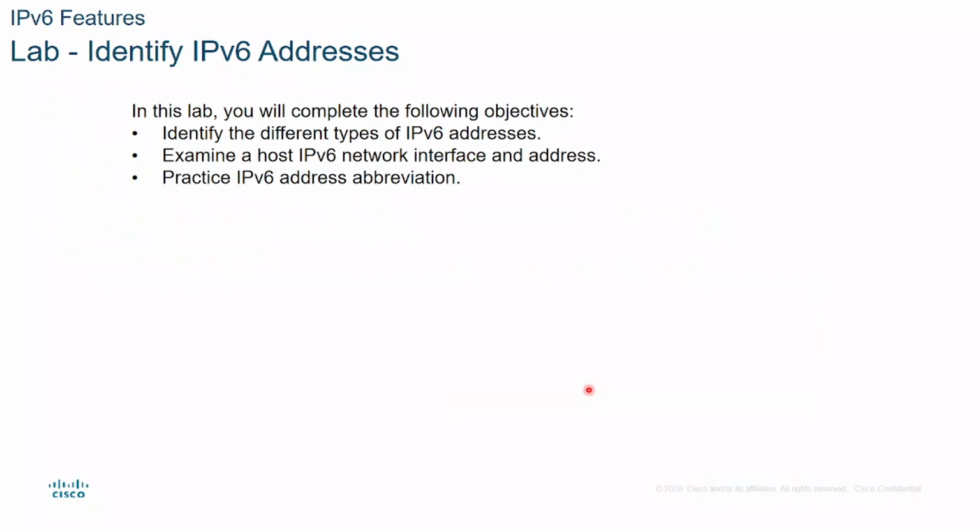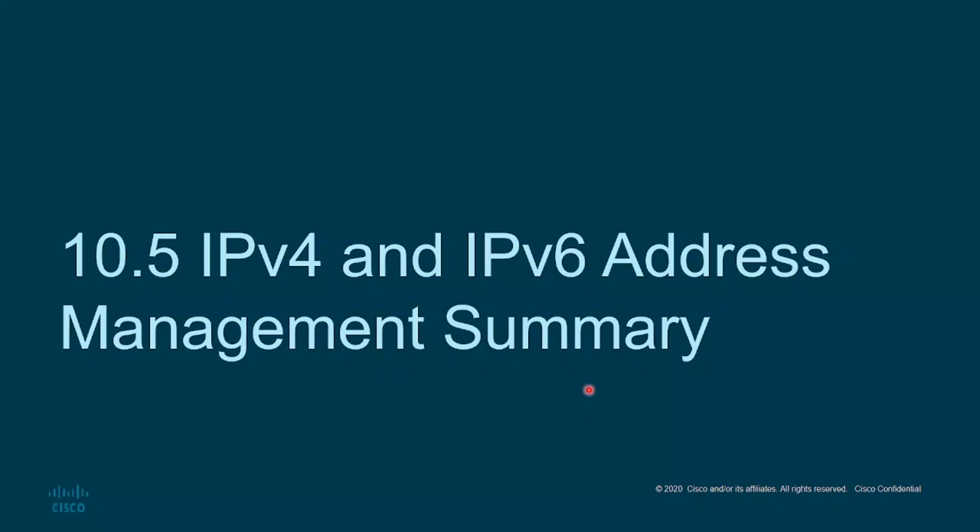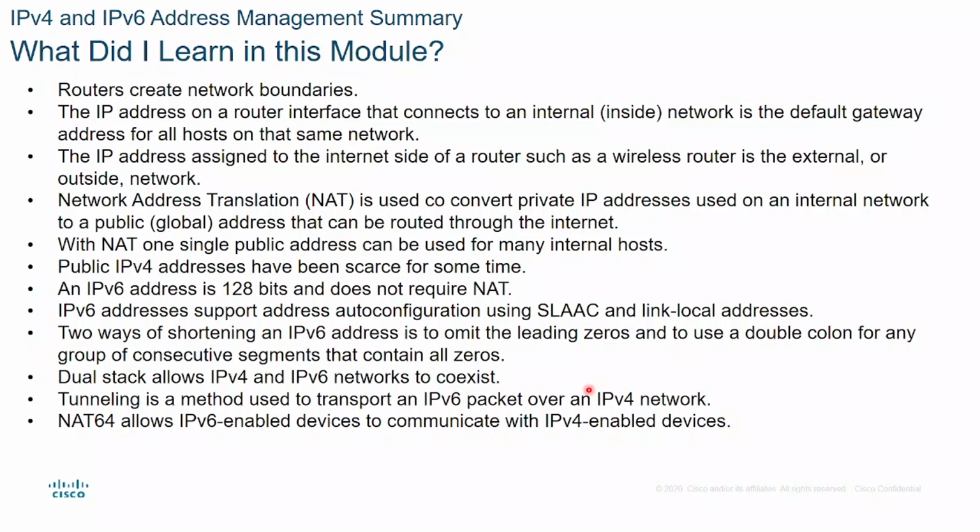There's a lab connected to this. We've understood that routers are used to create network boundaries, and you understood what tunneling is. That's what enables dual stack devices to connect over the same network with IPv4 devices.